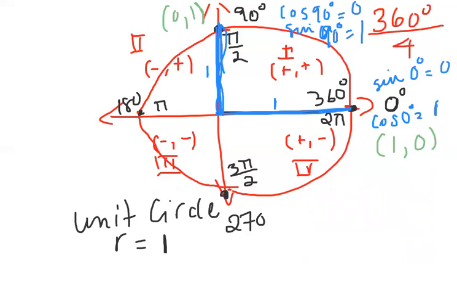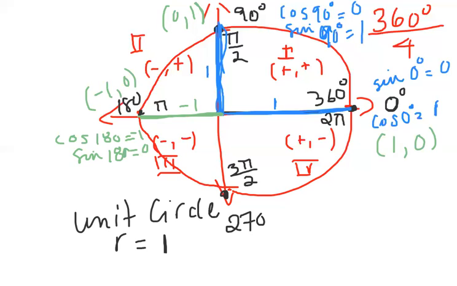Now, be careful. When you get to 180 degrees here, we're on the negative side of the x-axis, so the x value is going to be a negative. So over here, cosine of 180 degrees is going to be a -1, while the sine will remain at 0, okay? So this one right here, guys, is going to be -1, 0.